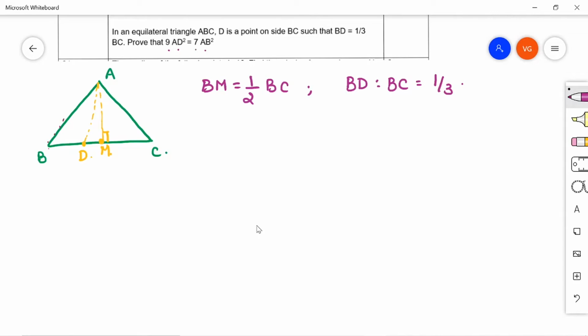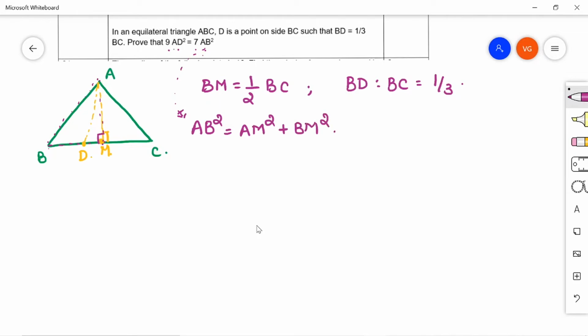If you see here, triangle ABM is a right angle triangle. So take Pythagoras theorem for AB square, since I am trying to get to the required question. AB square is equal to AM square plus BM square.